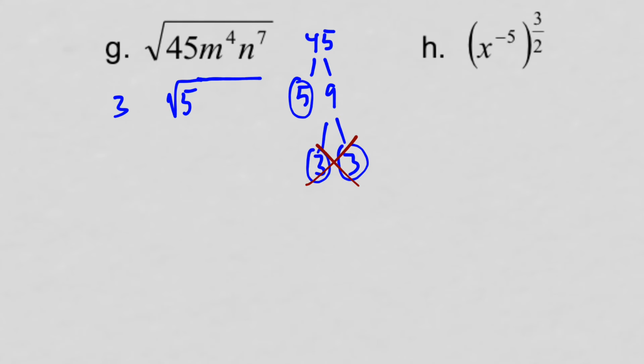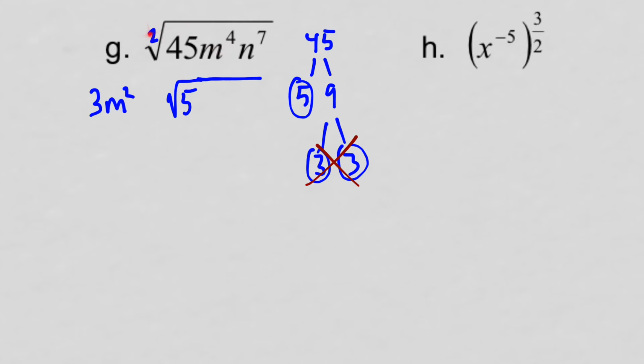Alright, now what I'm going to do is use the division method. Since this is a 2, I'm looking for how many times does 2 go into 4, how many times does 2 go into 7. And that's how I'm going to decide what comes out from the m and the n. I'm probably going to need a little more space right here in front, so I'm going to move that 3 a little farther away. And then I will do the m and the n. 2 goes into 4 twice, so it's m squared.